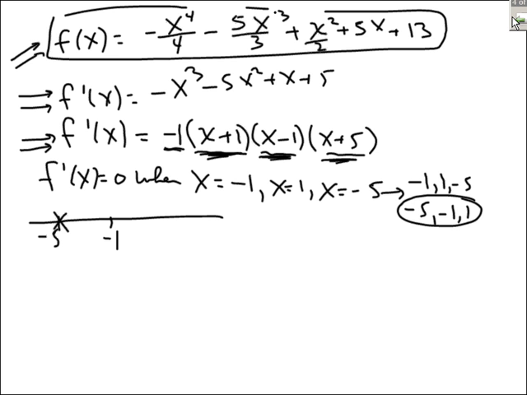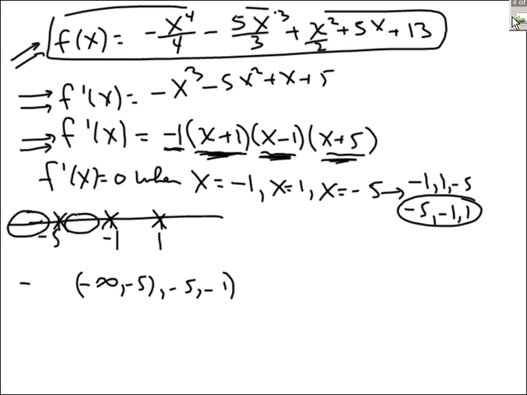Now if you need to draw this little picture to get the intervals, go for it. It's not a big deal. We want to include every number in the intervals that we're about to write, except the ones I just X'd out. Except negative 5, negative 1, and 1. That is, we go from negative infinity to negative 5. We go from negative 5 to negative 1.